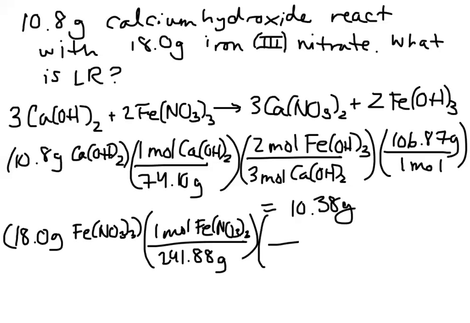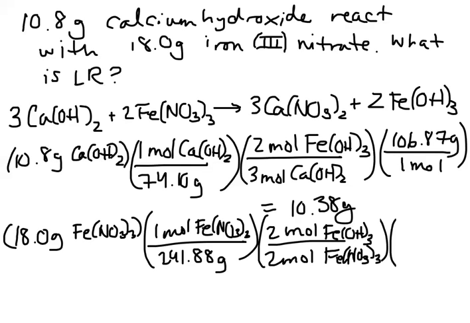And that's a 2 to 2 ratio. 2 moles of Fe(OH)3 to 2 moles of Fe(NO3)3. Sorry, I'm running out of room. 106.87. The great thing about going to the same product is that you only have to do one calculation for the mass of the product. And that gives you 7.95 grams.